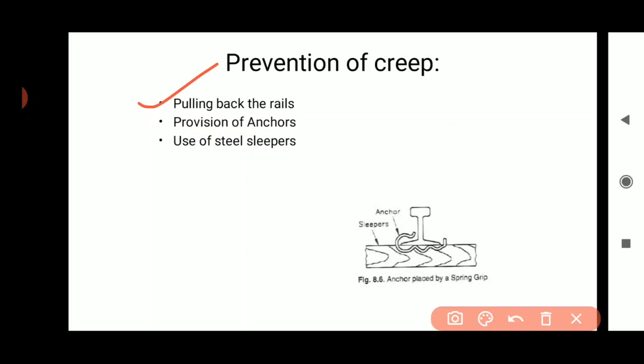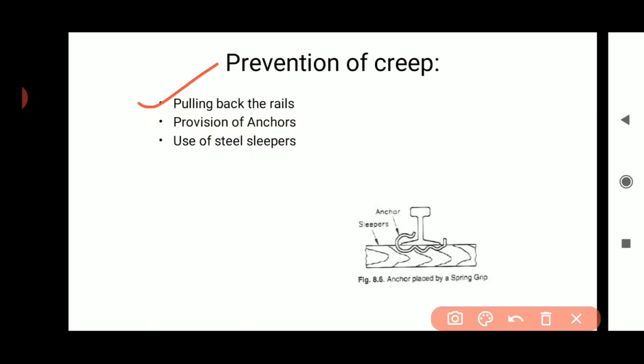Okay, then the next point is provision of anchors, or we can say anti-creepers, which will prevent the creep from happening. The creep of the track can be prevented by use of anchors and sufficient ballast.